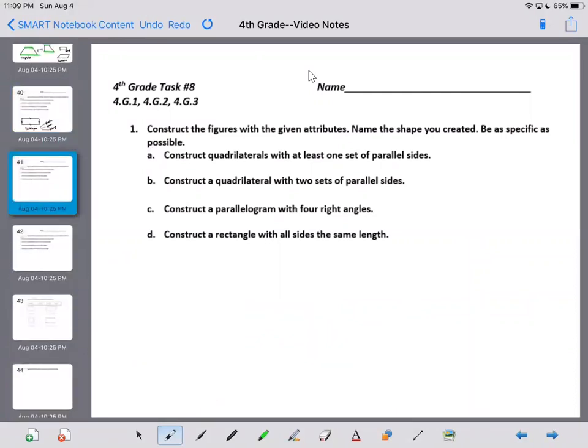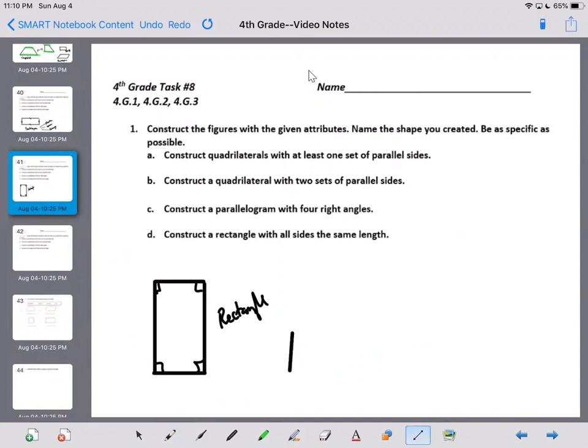Construct a parallelogram with 4 right angles. Well, that could be a rectangle. Could be a square. And a rhombus. Those would all be parallelograms with 4 right angles.